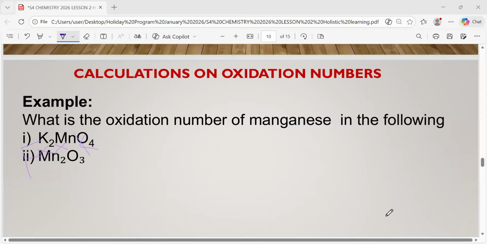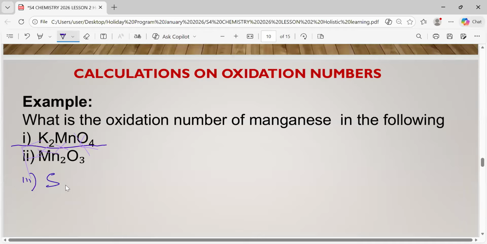Keep your microphone on. They're saying, what is the oxidation number of manganese in the following? Which name is given to that compound that you're seeing there? This compound, what is the name given to this? The first one. Potassium permanganate.